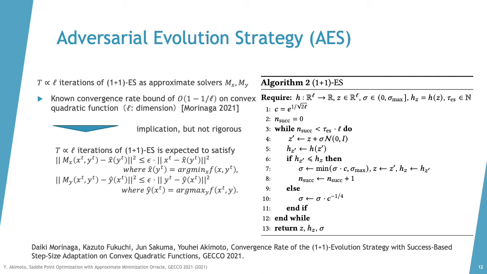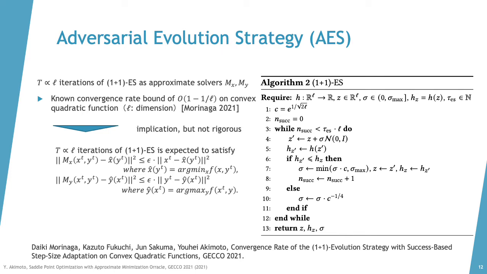We evaluate our framework. To evaluate the proposed framework, we need to instantiate the approach by implementing the approximate servers MX and MY. For this purpose, we use the so-called 1+1 ES, 1+1 evolution strategy, in this experiment. It is a derivative-free approach performing a randomized hill climbing and a step-size adaptation.